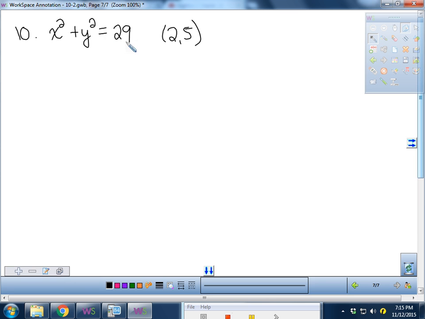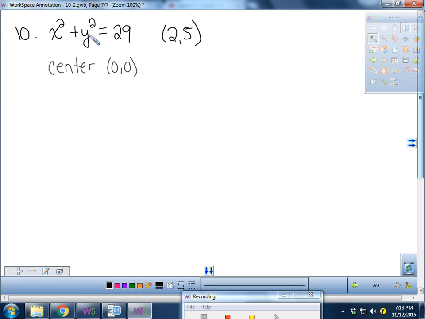So here's the equation of my circle. This is the point that I am tangent at on the circle. Okay, so my center, important to know, center is at 0, 0.